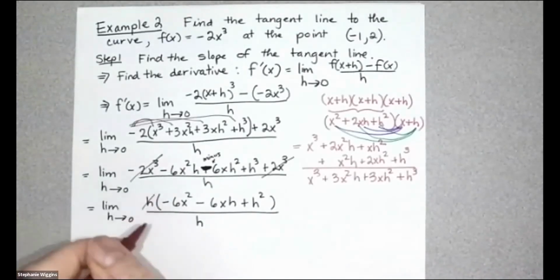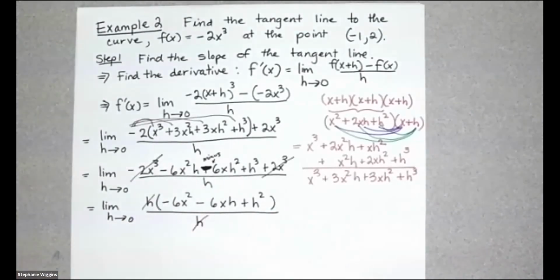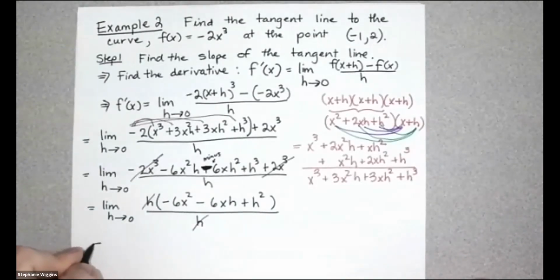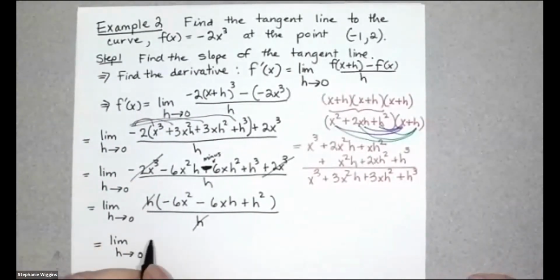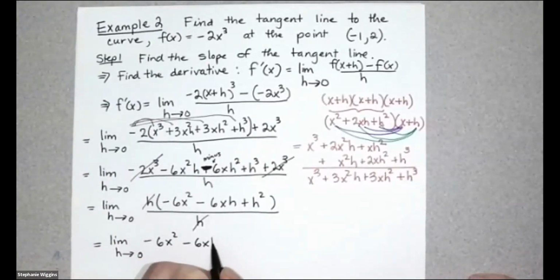So now my h's cancel. And this becomes the limit as h approaches 0 of negative 6x squared minus 6xh plus h squared.